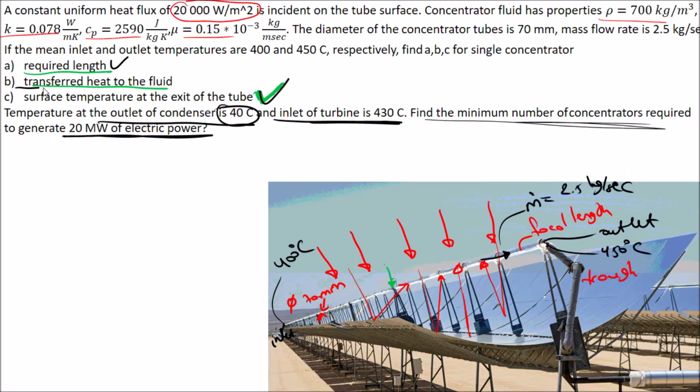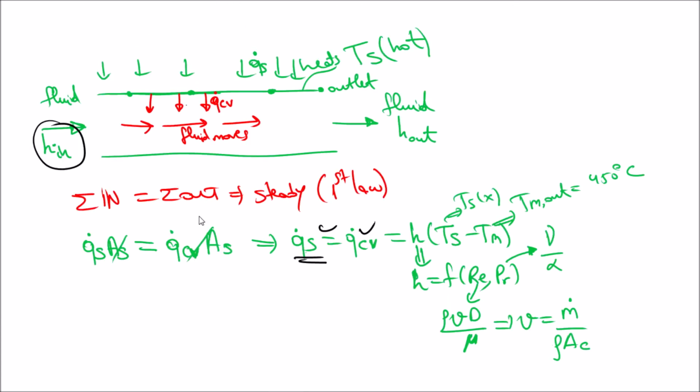Therefore this part is solved. Now the last part says transferred heat to the fluid. If you see the equations, it can be Q dot S into AS, surface area, or Q dot CV into AS, surface area. They are the same. But it can also be the enthalpy change of the fluid, because whatever heat is transferred to the fluid changes its enthalpy.